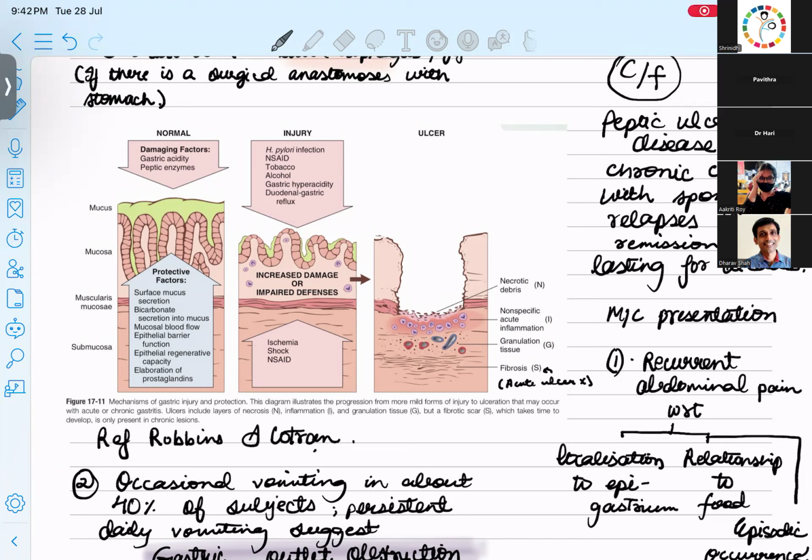There is damage. If it is chronically damaged, there are impaired defenses in our gastric glands. It causes ischemia. Also, ischemia in the mucosal vasculature, shock, NSAIDs can cause acute injuries, and then an ulcer is formed.